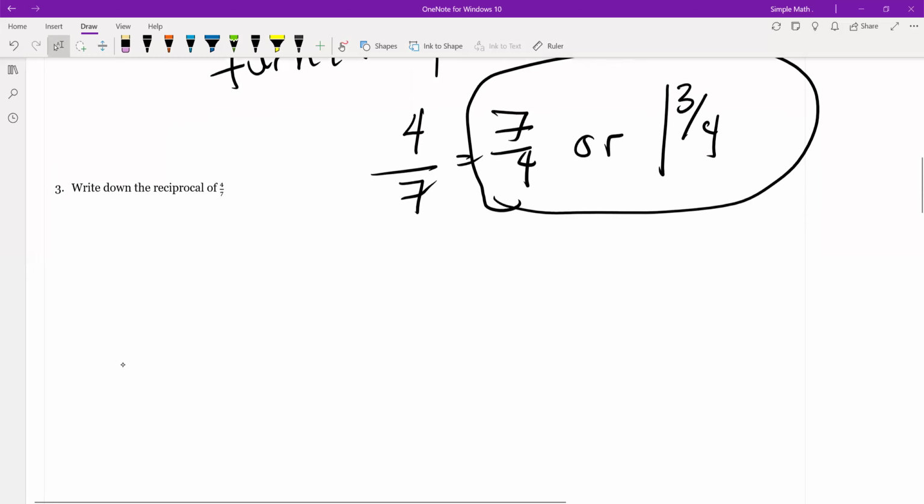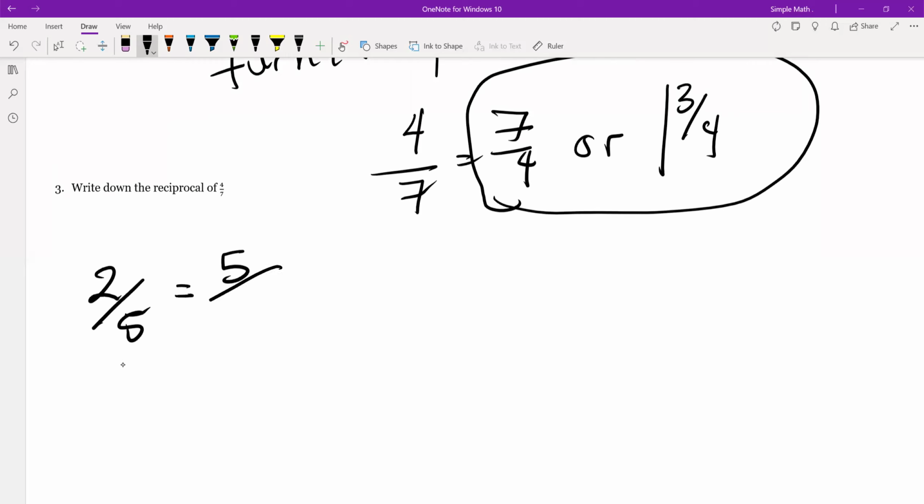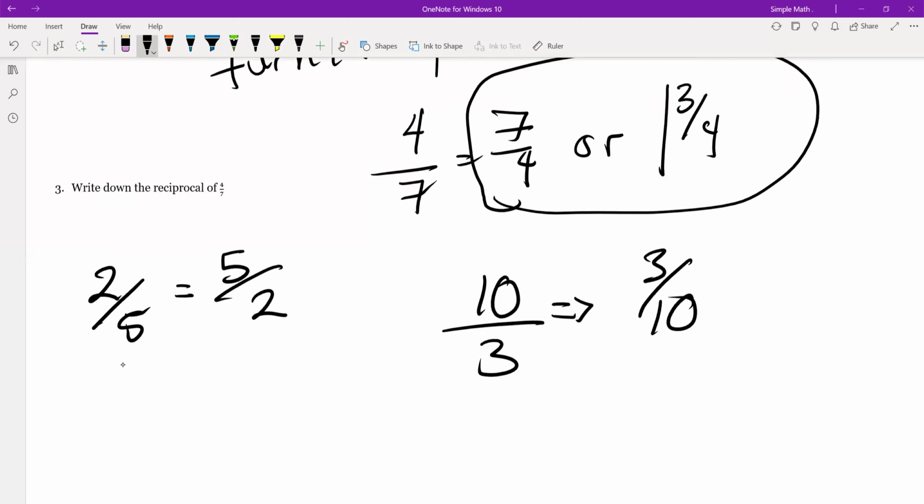They ask you for the reciprocal of, let's say, 2 over 5, which would be 5 over 2. The reciprocal of 10 over 3 will be 3 over 10. What if they ask for the reciprocal of 3, for example? A whole number.